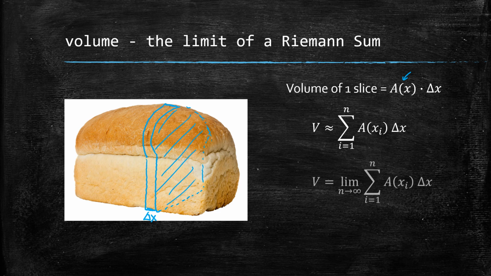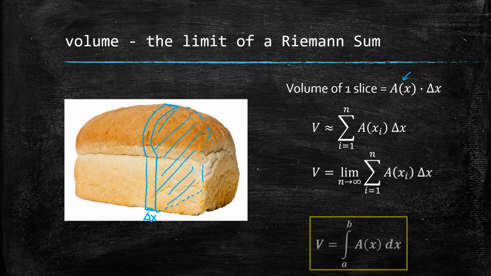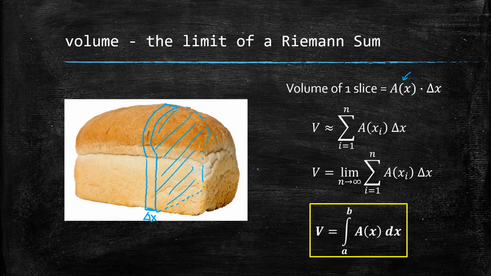In fact, if we let n go to infinity, so if we cut infinitely many slices, then the volume would be exactly the limit of this expression. And it's not hard to see how this morphs into the definite integral. Once again, as n goes to infinity, delta x goes to 0 and is represented by dx.